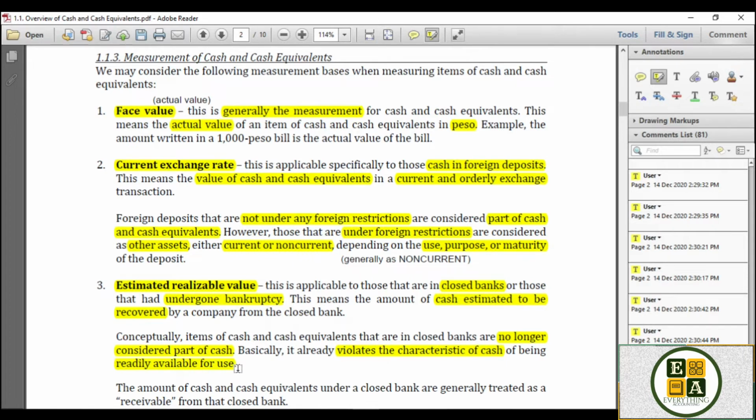Because when it is in a bankrupt bank or financial institution, you cannot withdraw your investment or deposit immediately. So what the reporting company does is reclassify that amount of estimated value of cash and cash equivalents as receivable. Okay? So it becomes a receivable from the closed bank.